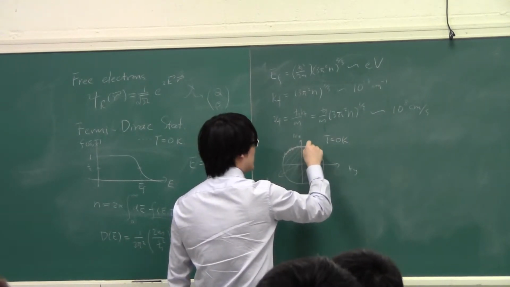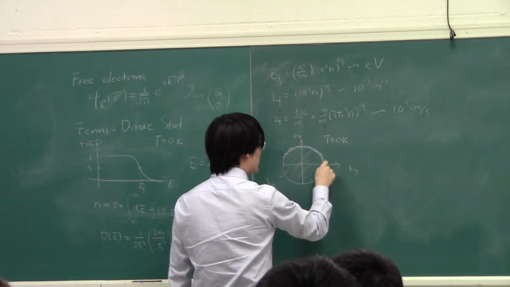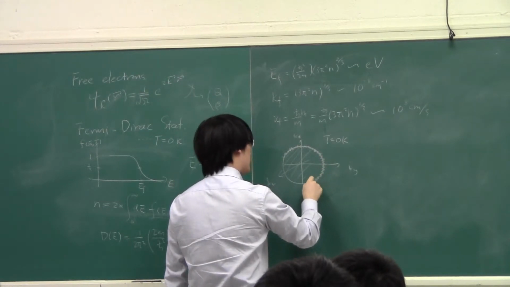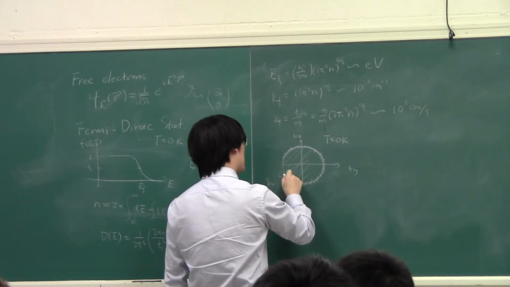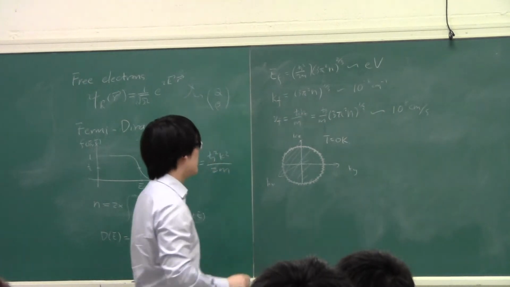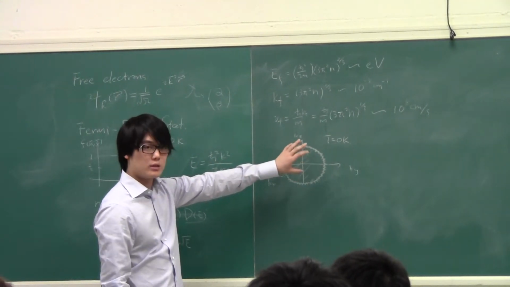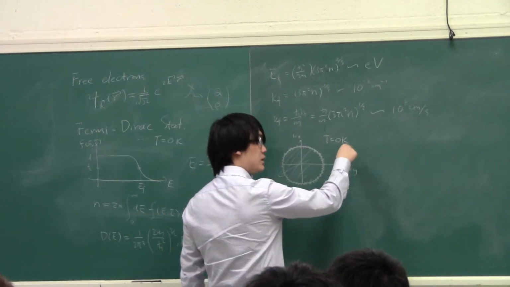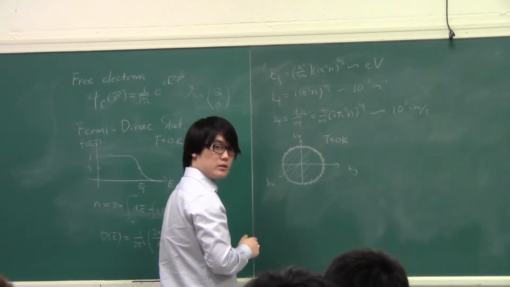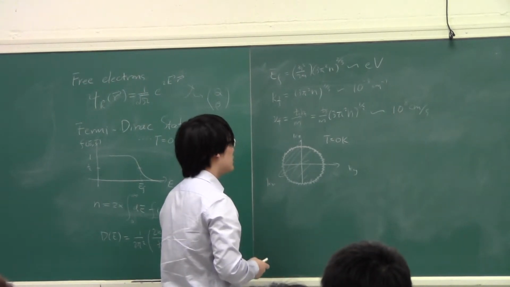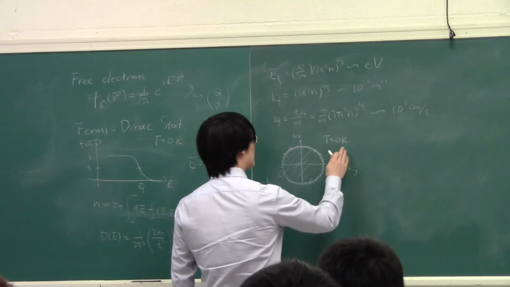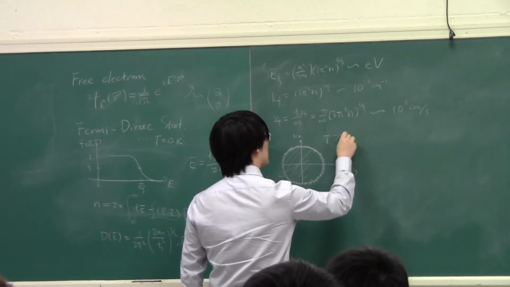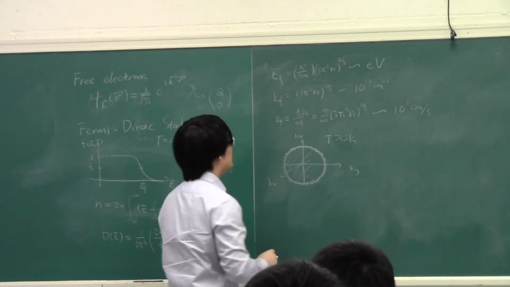So the boundary is no longer well defined, and we only know that the electron is roughly going to lie within kBT from the sphere, statistically speaking. So that is at slightly above 0 K.